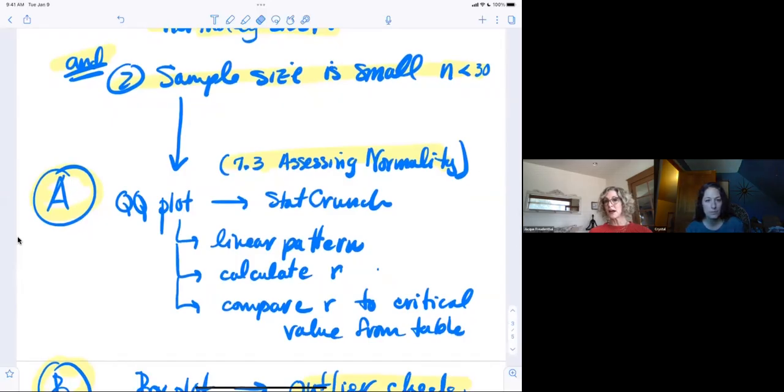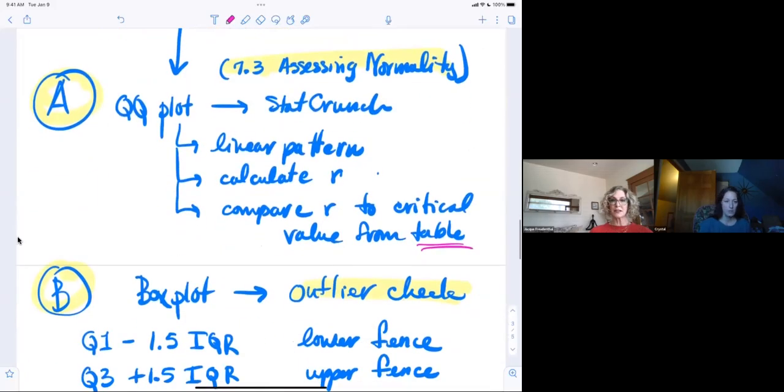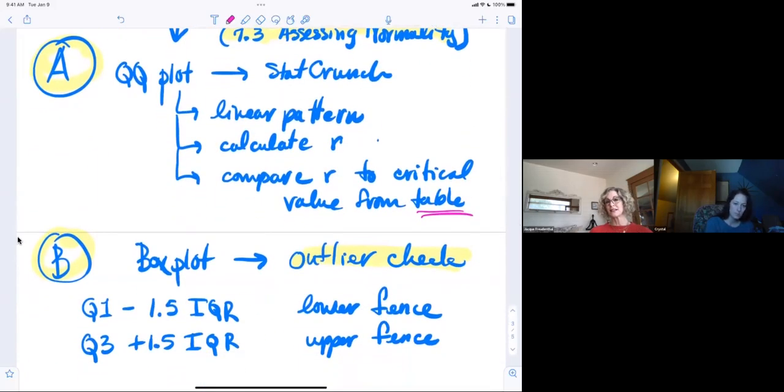You do a QQ plot with StatCrunch, you look at the linear pattern, you calculate your correlation coefficient R, and you compare what you calculated to the critical value from the normal probability critical value table. I don't have it right now. You also need to draw a box plot and do an outlier check.